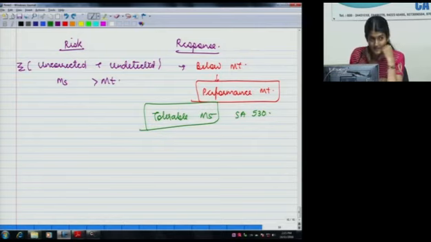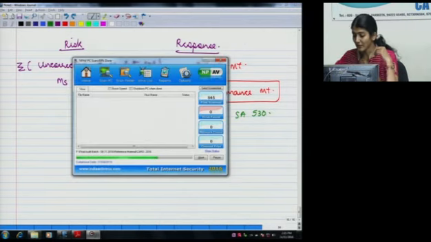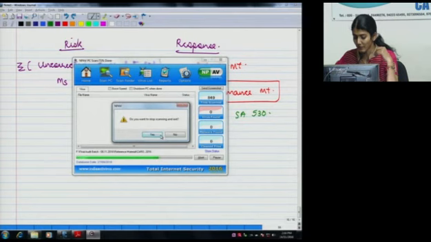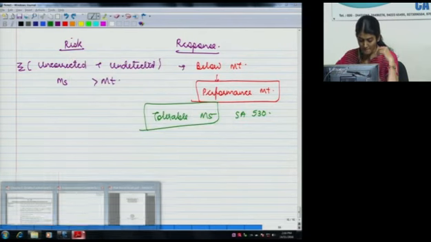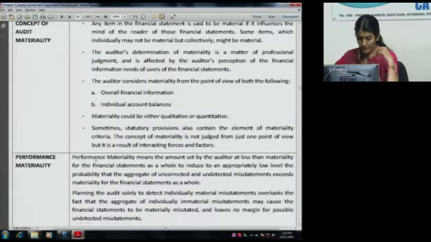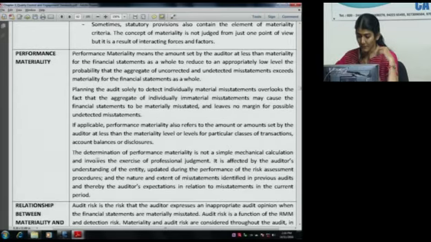Does everybody understand that? So that is performance materiality. Look at the words written in the book for performance materiality. What does it say?